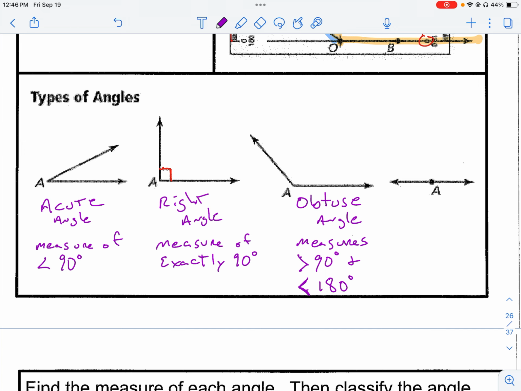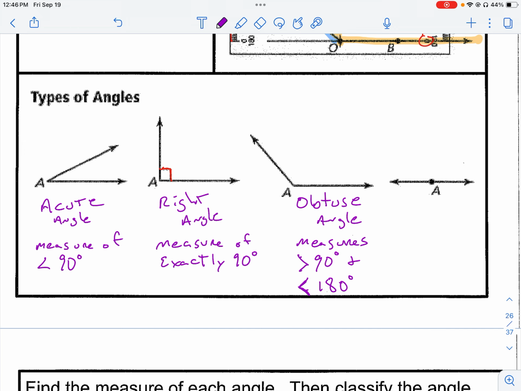I'm sure that most of you have heard of acute angles and right angles and obtuse angles, but we need to revisit our definitions of them because now we need to be exact on what we're talking about. And the last one is a line, except it's not a line because we're talking about angles, so it is a straight angle. And yes, I know it is a line.